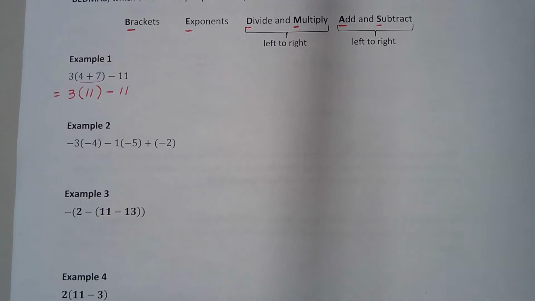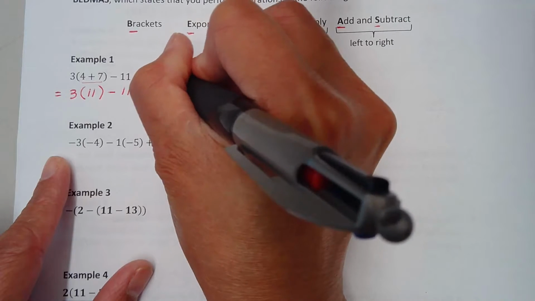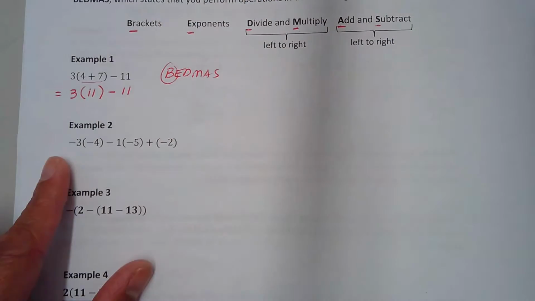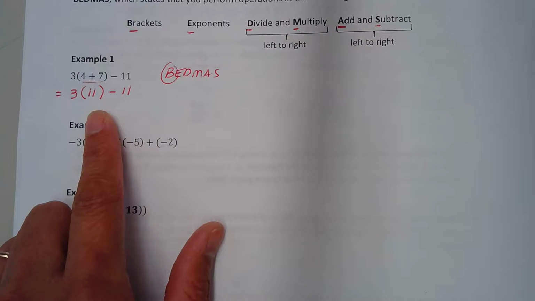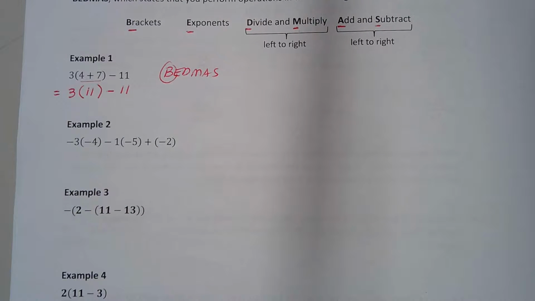So we work out whatever's inside the brackets first, and then the rest that we haven't done, we'll just write down. Okay? So we did the brackets. What else? What's the next thing that we have to do? Are there any exponents? No exponents.